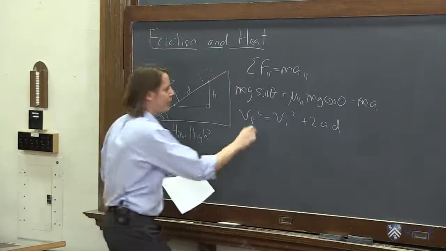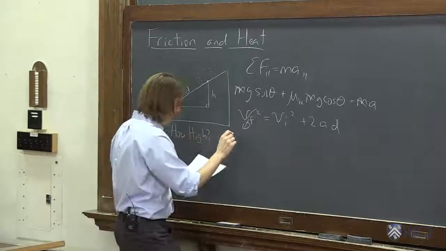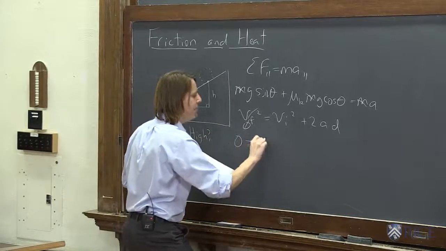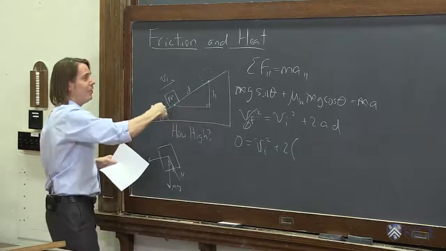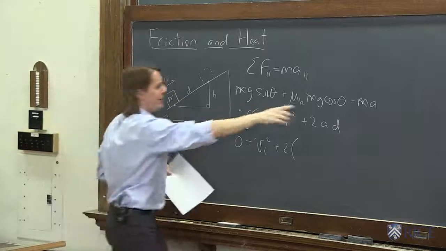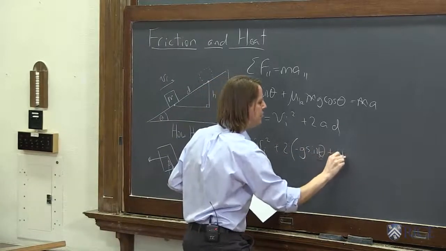The final squared is 0 because it came to rest. The initial squared is vi squared. So we have 0 equals vi squared plus 2 times the acceleration, but it's negative because it's accelerating down, and I define up as positive. So it is minus g sine theta plus mu k g cosine theta.